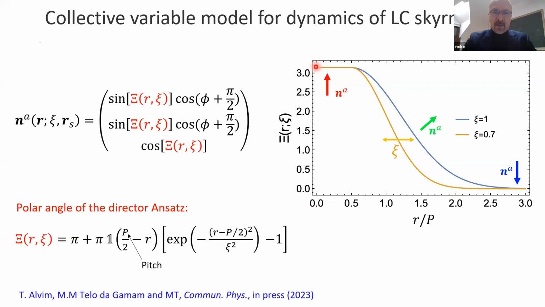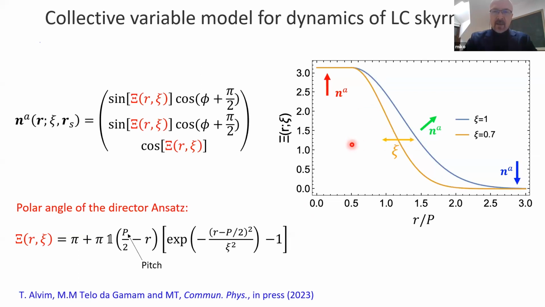Then there is the constant shoulder of the width pi over 2. There is a twist region in this angle psi of thickness lowercase psi, where the director changes from vertical pointing upwards to vertical pointing downwards, and the thickness can change, right?